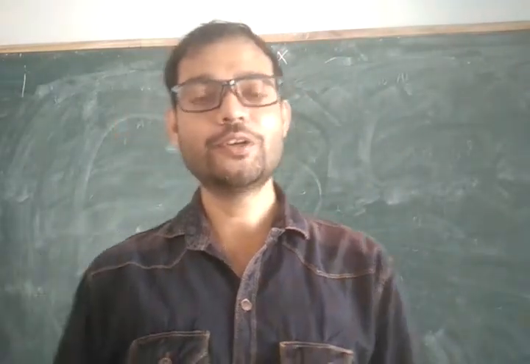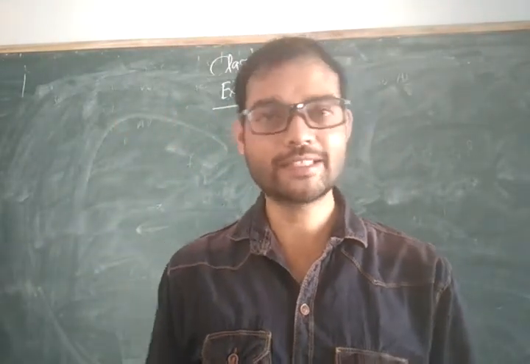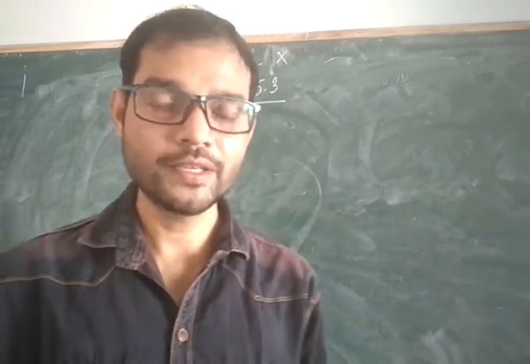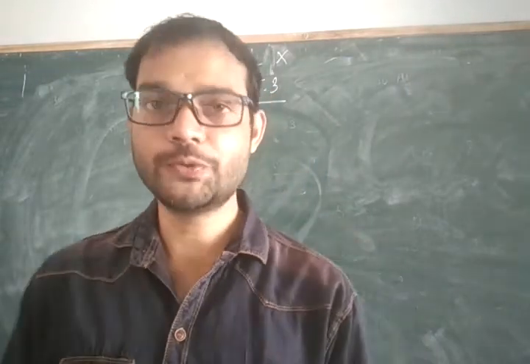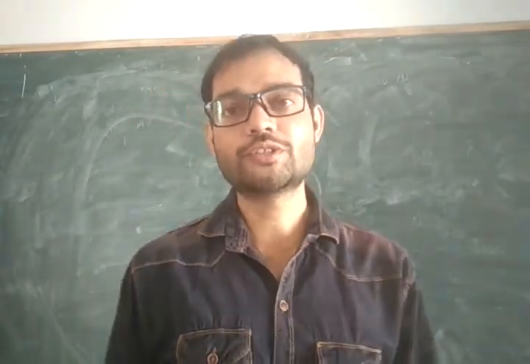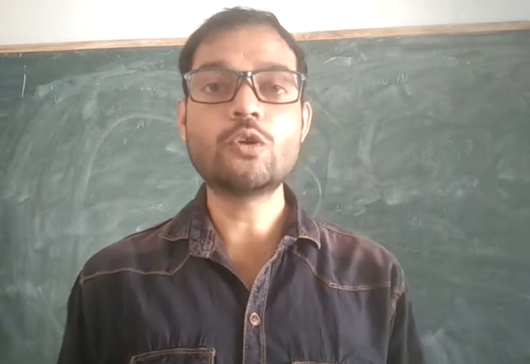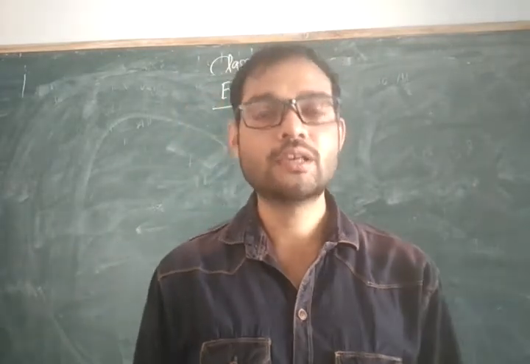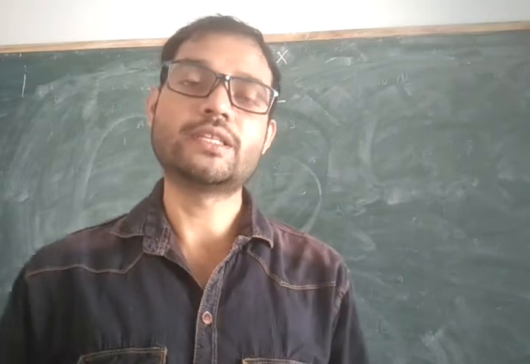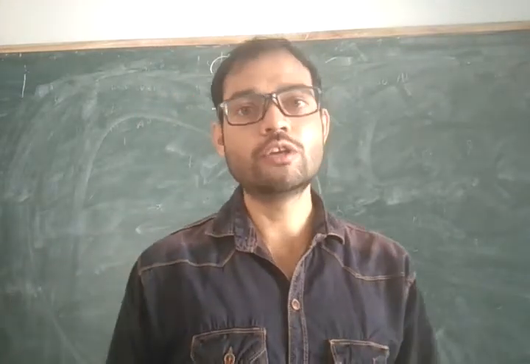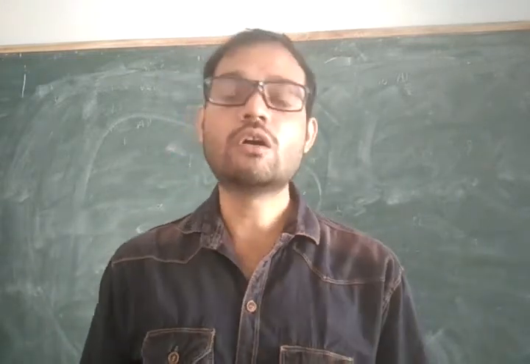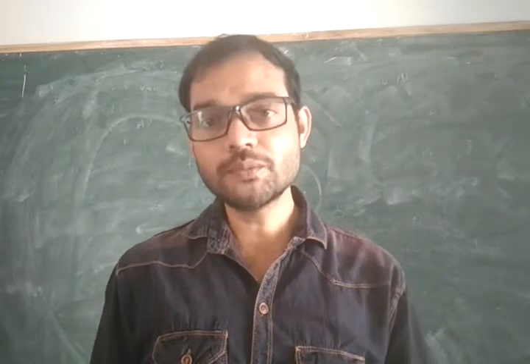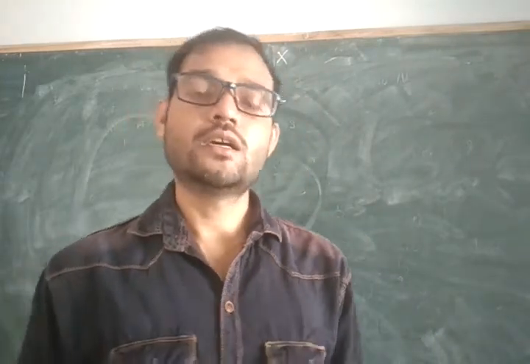Okay, so today we are going to start our next exercise, that is 5.3. Before this exercise we already studied 5.1 and 5.2. In 5.1 you studied what APs are and how to find the next terms, first term and common difference. And in 5.2 you learned how to find a specific number of terms if the AP is given, or if you have been given specific terms, then how to find the APs.